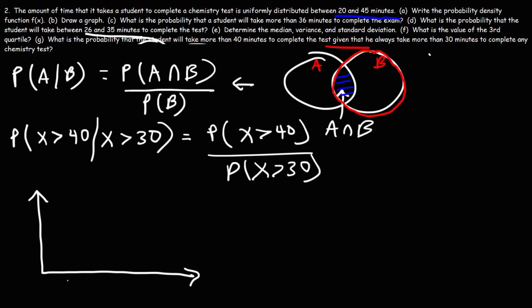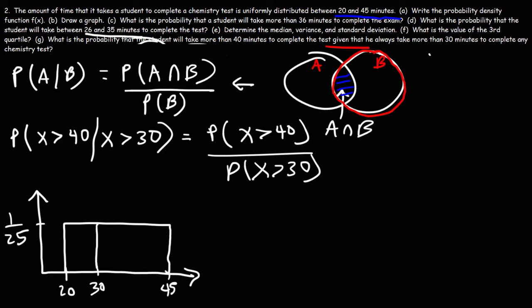So let's begin with a picture. So let's say this is 20, this is 45, and here is our rectangle. In this case, B would be the area from 30 to 45. So 30 would be here. So I'm going to highlight B in red.